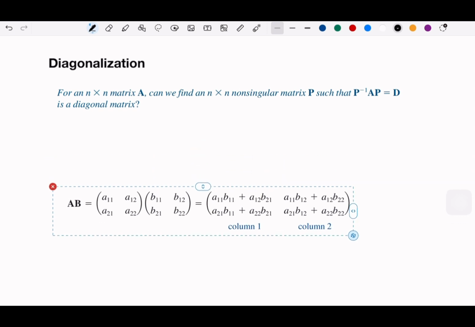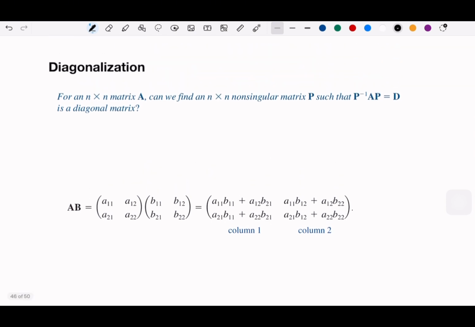Suppose that we have the n by n matrix A. Then we are curious if we could find another non-singular matrix, we call the matrix P, such that if we multiply P inverse with A, and then multiply with P, this will equal D, which is the diagonal matrix.